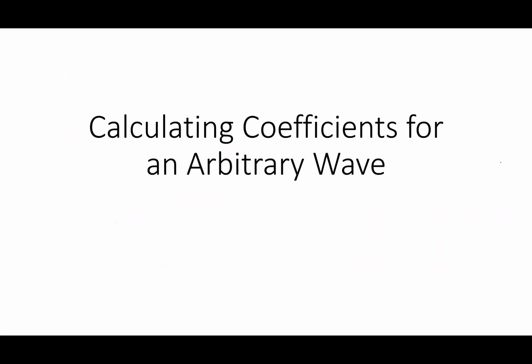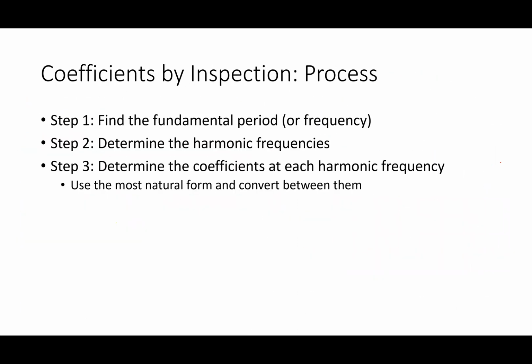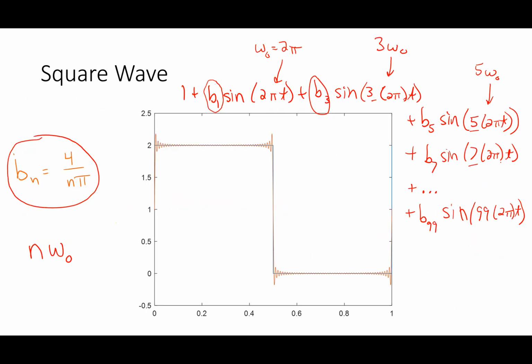Like when I drew this square wave here, this guy is using up to the 99th harmonic. That's pretty high. Now, square waves have this interesting effect where they kind of grow ears like this. That's a mathematical effect of trying to plot a Fourier series, something called the Gibbs phenomenon, which we could talk about, but it's not particularly important.